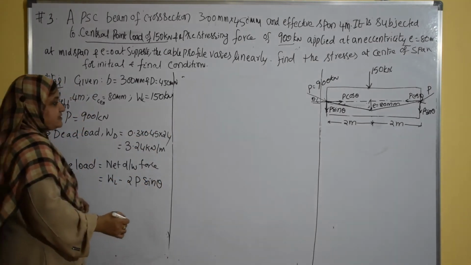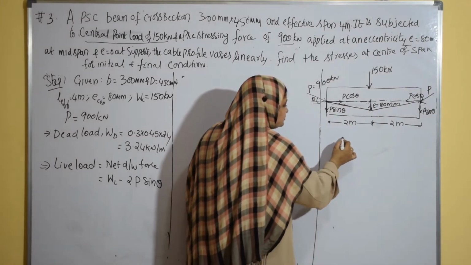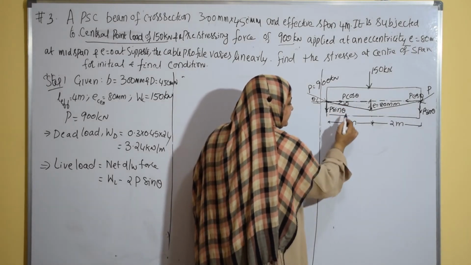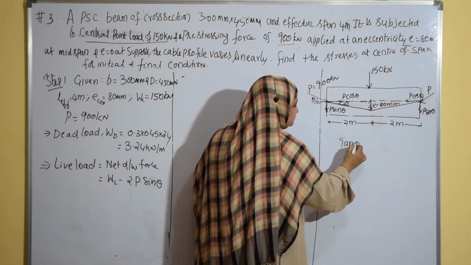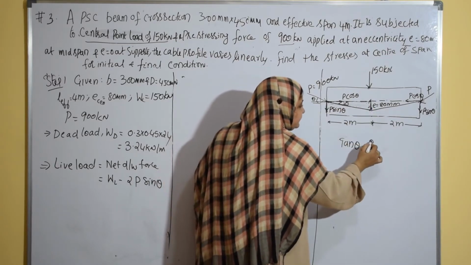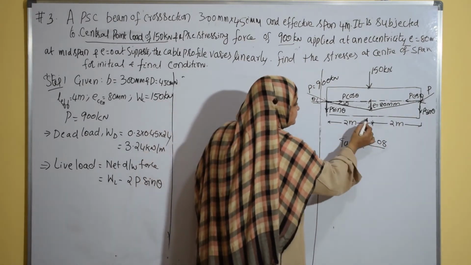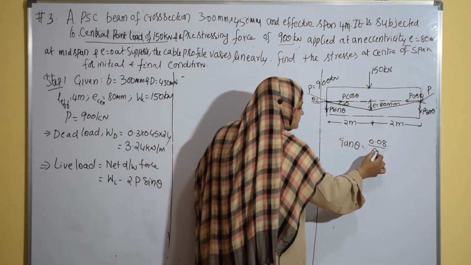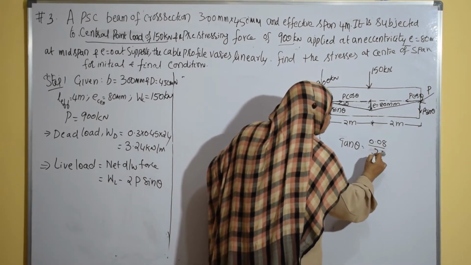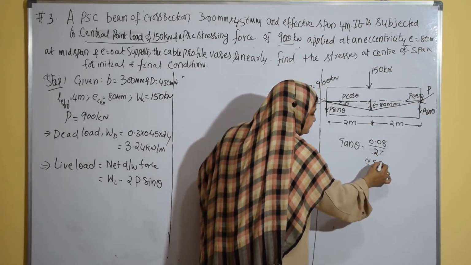Now, if you see here in this figure, if I take this triangle, and take this as theta, this tan theta is equal to opposite by adjacent. Opposite is 80 mm, which is 0.08 meters, and adjacent is 2 meters. This is tan theta. Theta is so small that I can equate it to sin theta.